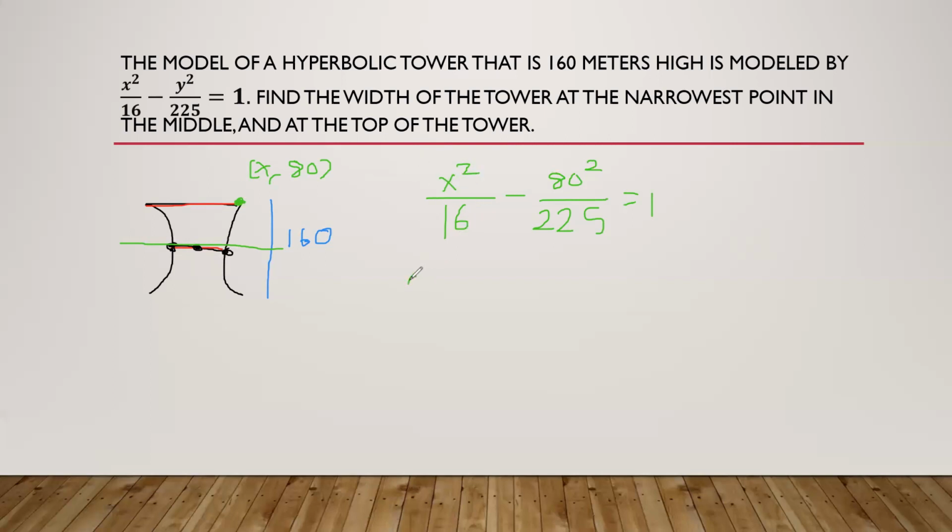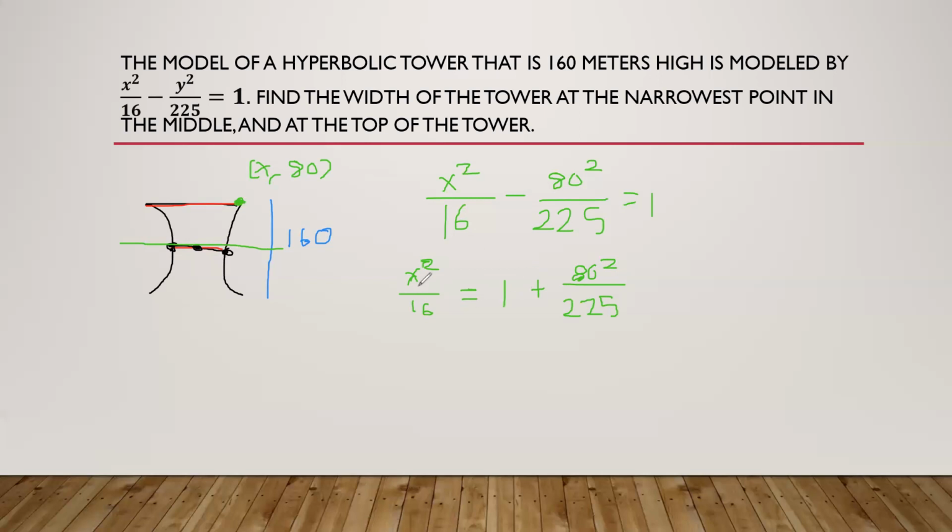So x squared over 16 minus 80 squared over 225 equals 1. The negative 80 squared over 225 becomes positive on the other side, so x squared over 16 equals 1 plus 80 squared over 225.